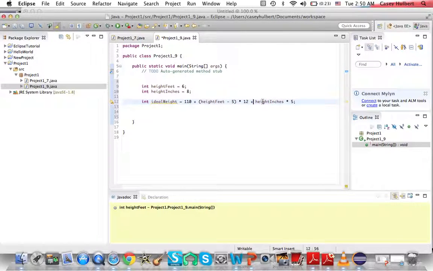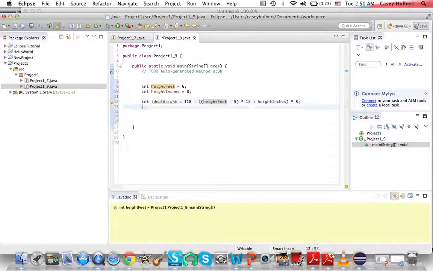So 12 plus 8 equals 20. Then we need to multiply that by 5, so put a parenthesis around it, and one more right here, because we need all of this after it's done and multiplied by 5.